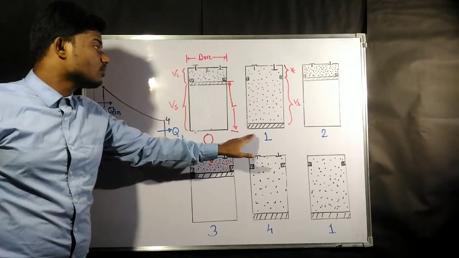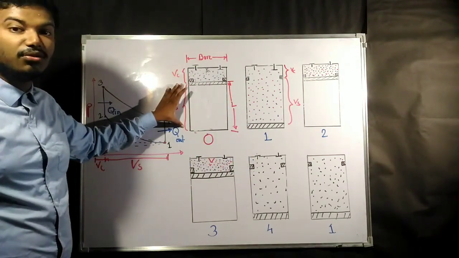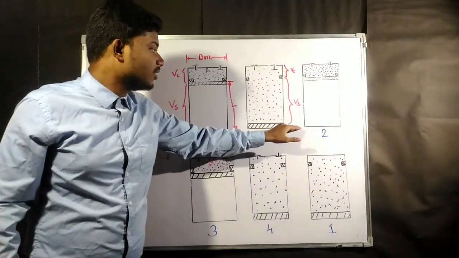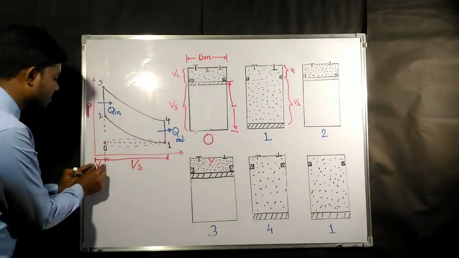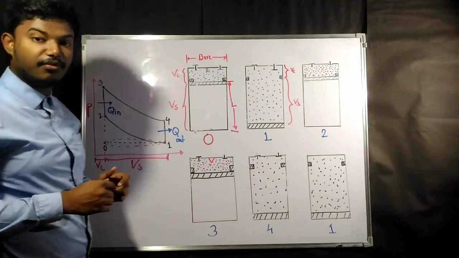So from 0 to 1 the increasing volume is going to be equal to the swept volume. Previously it was clearance volume, then the increase was up to Vs, or swept volume. Similarly here, previously it was Vc, now the increasing volume is your swept volume.